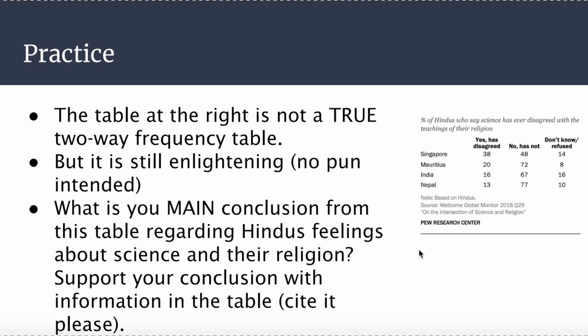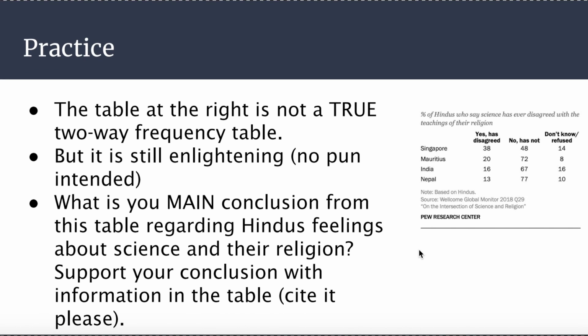To close out, I want you to take a look at this. Here's a table at the right that was collected through some data gathering that the Pew Research Center has done. I'll come back to those people a lot because they run good surveys and have really interesting articles about the data they collect. It's not a true two-way frequency table because the things don't all sum up to 100, because we're looking at different countries.